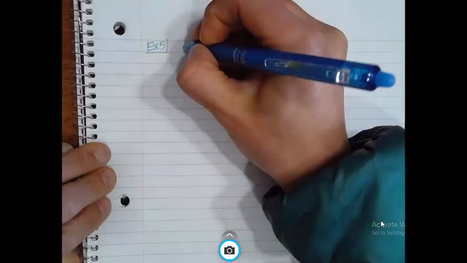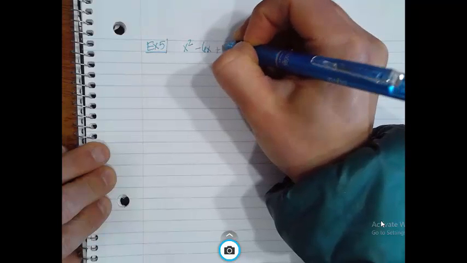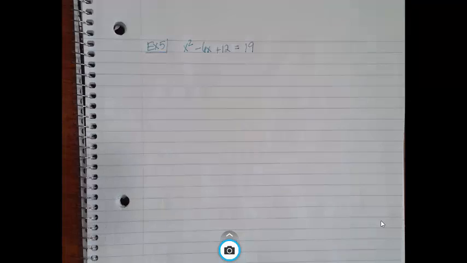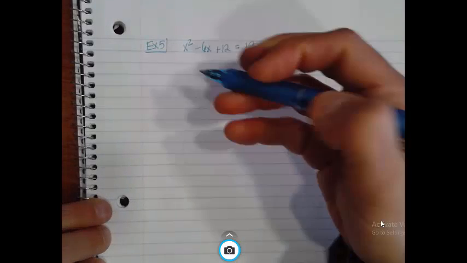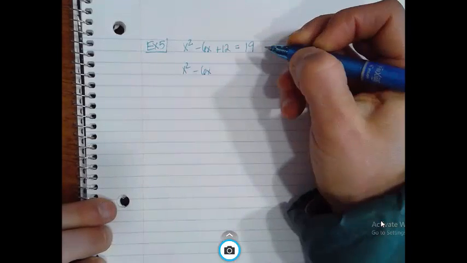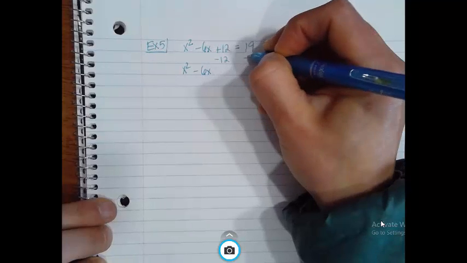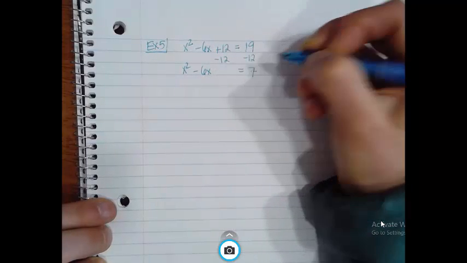Let's suppose we start with x squared minus 6x plus 12 equals 19. Okay, my first step is to get all the constants over here. So I'm going to rewrite this as x squared minus 6x, and if I subtract 12 from both sides, then I will have a 7 over here.